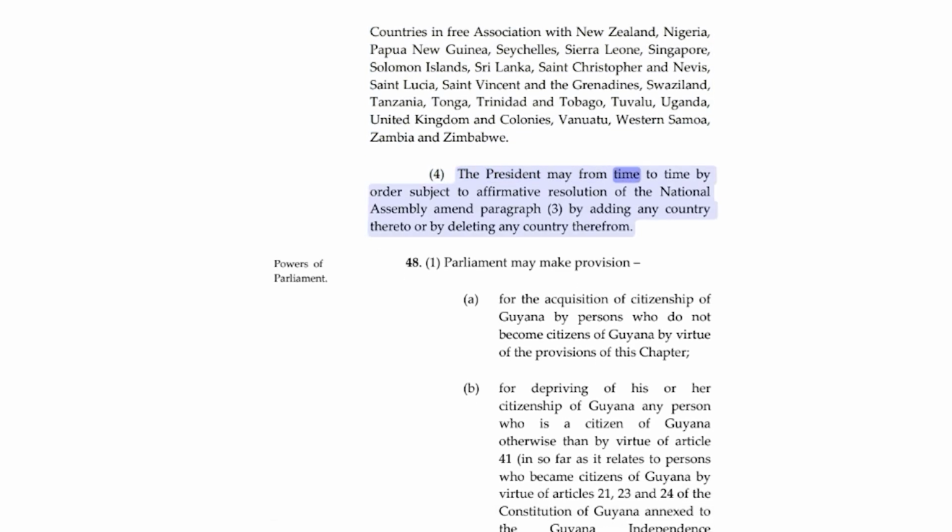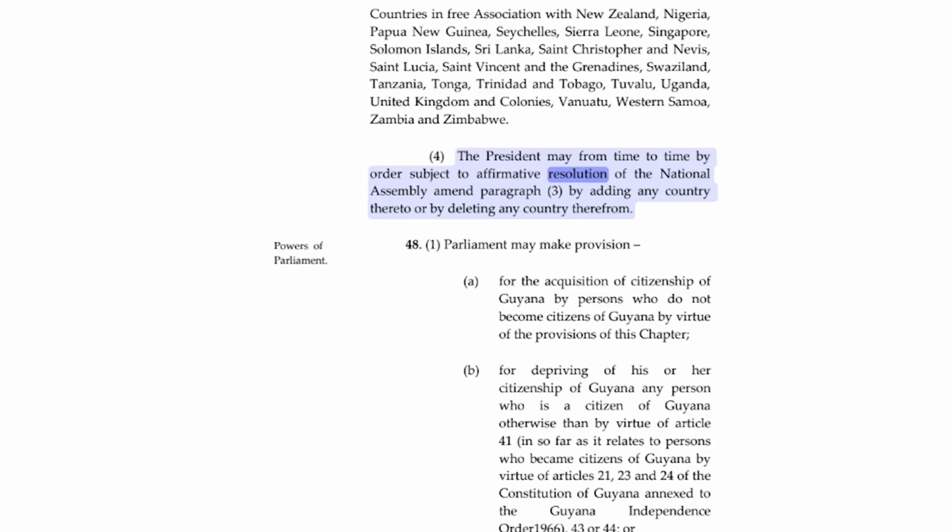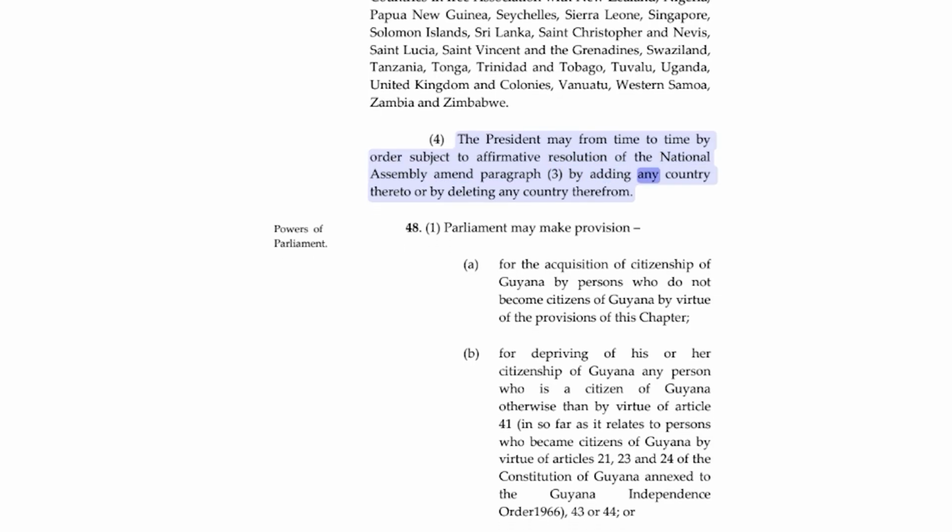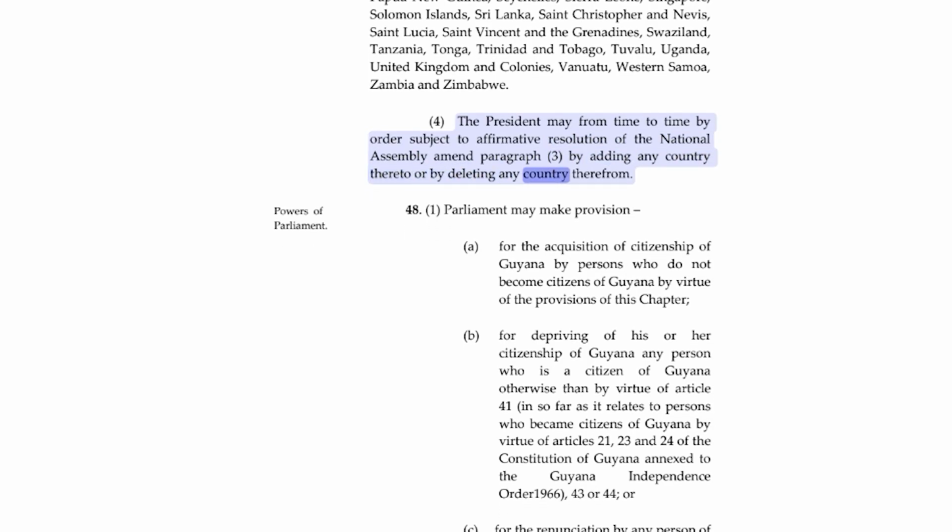The President may from time to time by order, subject to affirmative resolution of the National Assembly, amend paragraph 3 by adding any country thereto, or by deleting any country therefrom.